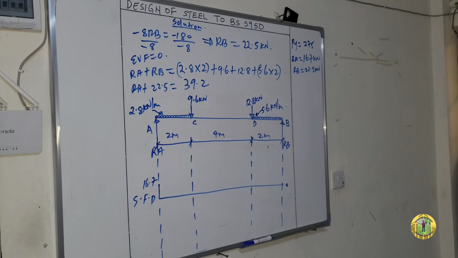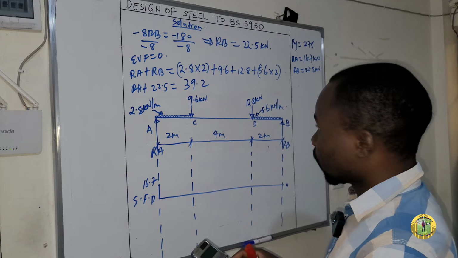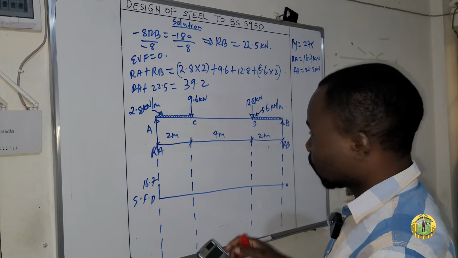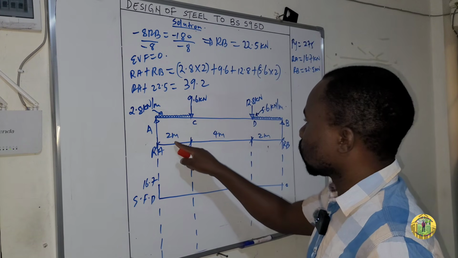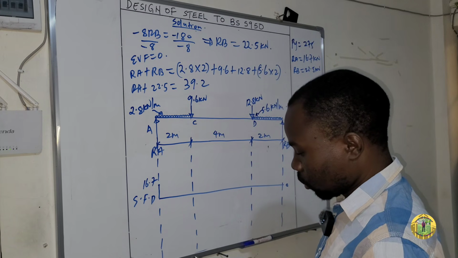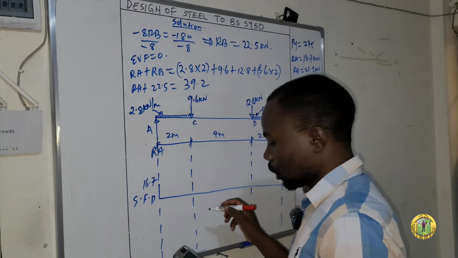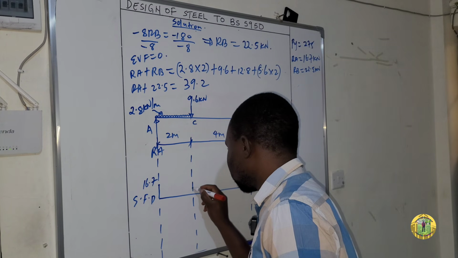Because you have a UDL, it will be 16.7 minus, in brackets, 2.8 times 2, changing this UDL to a point load. So you'll get 11.1. Let's say it's here.